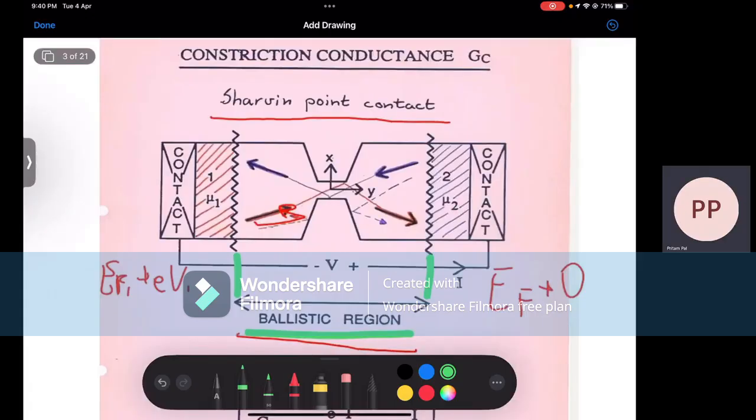Electrons can easily fly through, like in our 2DEG, where for 10 microns electrons fly without scattering.